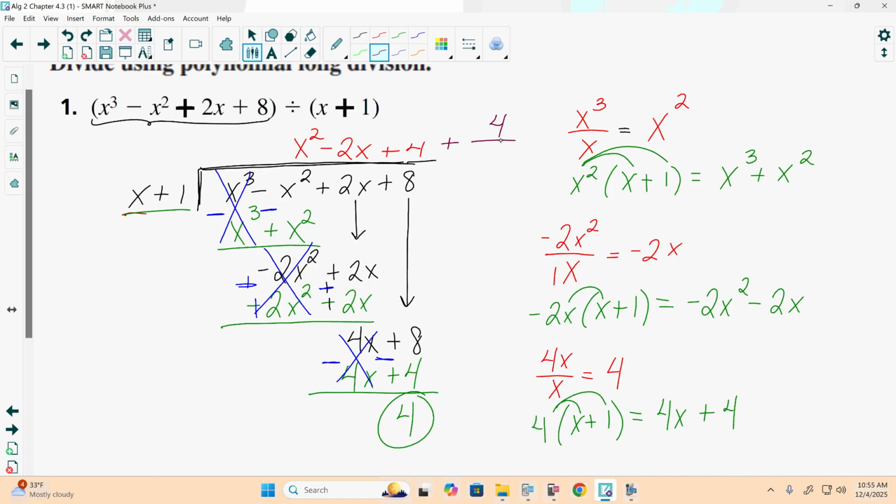And we have to put it over what we were dividing this polynomial by, which was x plus 1. So it tells us that the result of this division is x squared minus 2x plus 4 over x plus 1. Do we kind of get the steps here? That's the answer. That's what we get when we divide these two here.